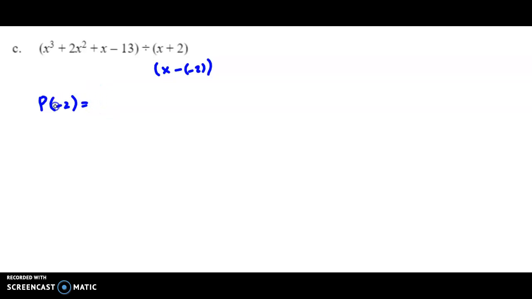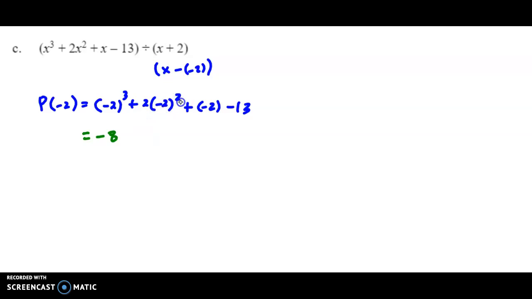So especially since this is a negative 2, I'm going to use parentheses and substitute those in, okay? So this is what I have here, plus, and then negative 2, and then minus 13, okay? And of course, if you have a calculator, you can use your calculator here. Negative 2 to the third power ends up being negative 8, okay?